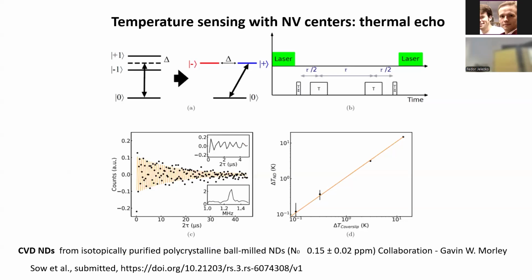It's just a sequence of pi half and pi pulses, and this basically gets an imprinted phase that is measured in the end, which is only dependent on D, but not on a fluctuating magnetic field. That makes the line width much narrower, because there are radicals on the surface of the diamond. They create fluctuations of the magnetic field, but this echo cancels this and is only sensitive to D.